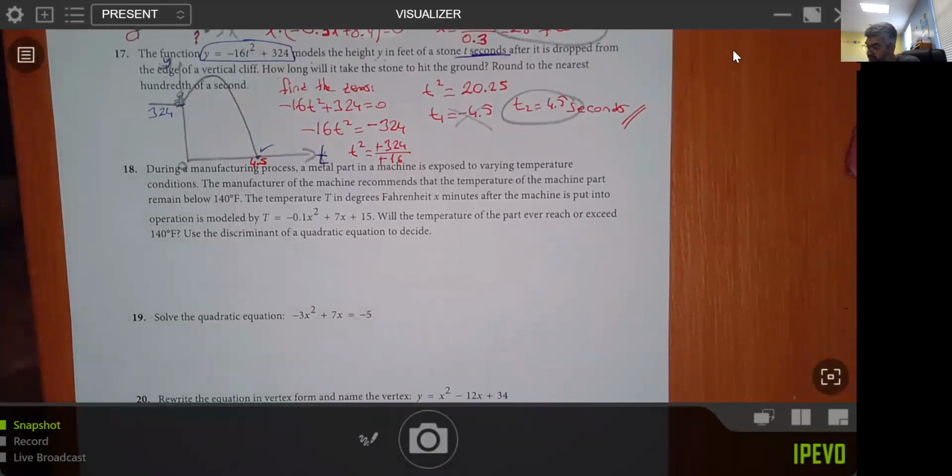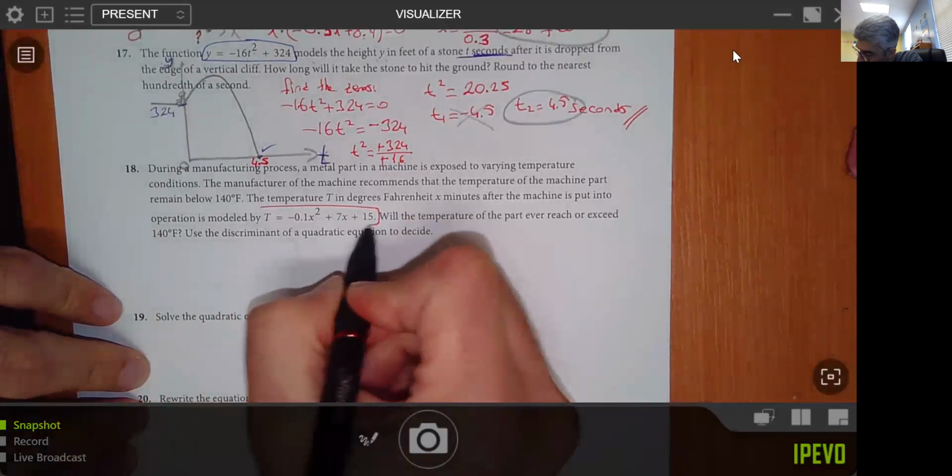The manufacturer of the machine recommends that the temperature of the machine part remain below 140. It looks like a quadratic inequality question. Below 140 Fahrenheit degrees. The temperature T in degrees Fahrenheit x minutes after the machine is put into operation is modeled by. Nice.